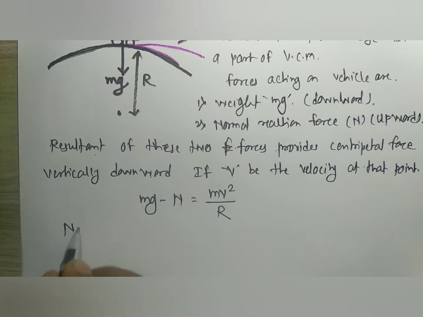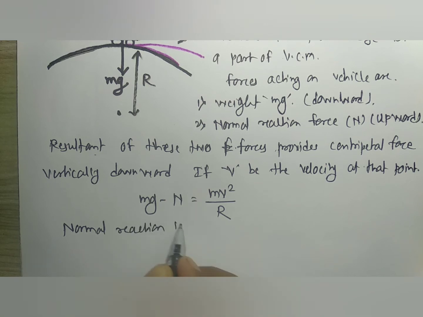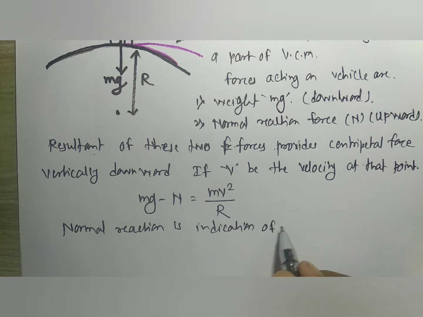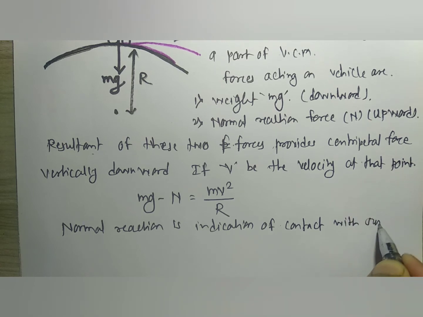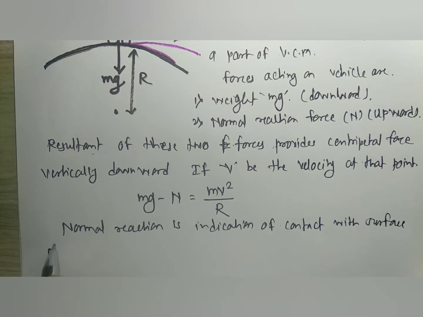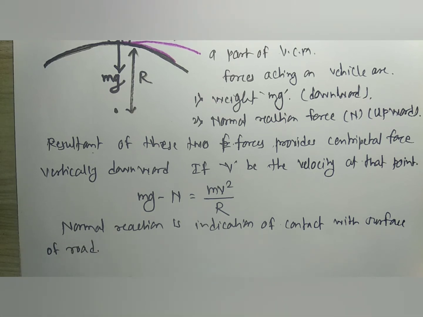Therefore the normal reaction is an indication of contact with the surface of the road, and we know that if v increases, then N goes on decreasing.